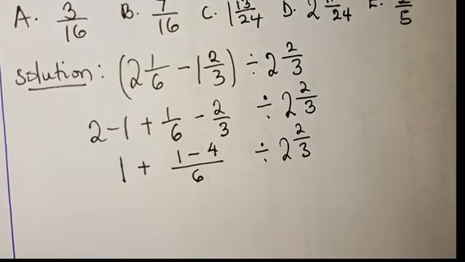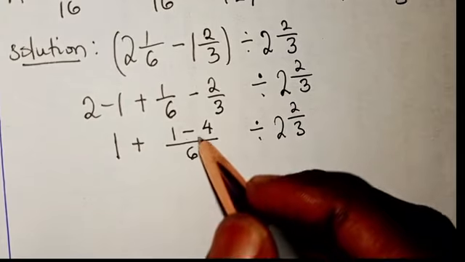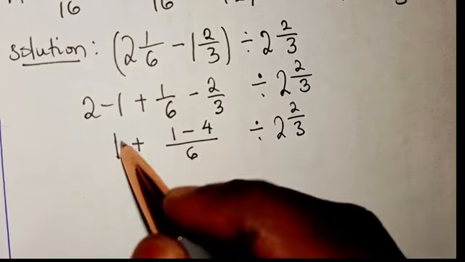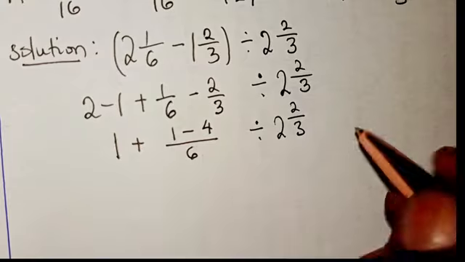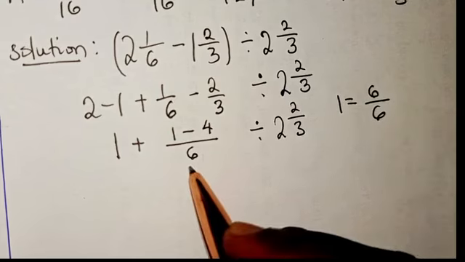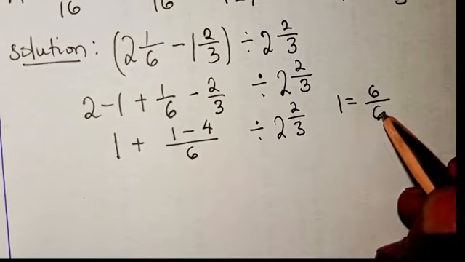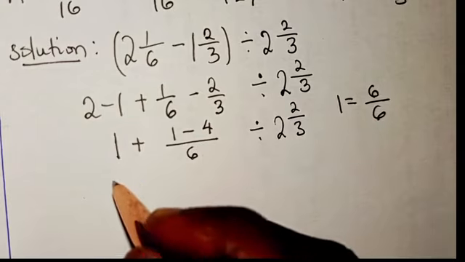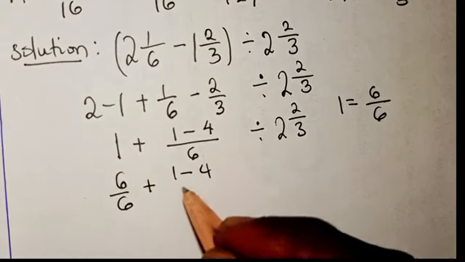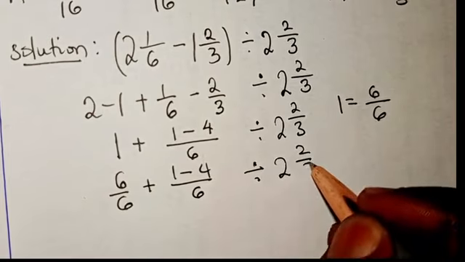So now the next thing we are going to do, we're going to have 1 plus. You can see now we cannot take away 4 from 1. So what we are going to do is write this 1 as 6 over 6, because of the denominator. So this one here will be replaced by 6 over 6, plus 1 minus 4 over 6, divided by 2 over 3.